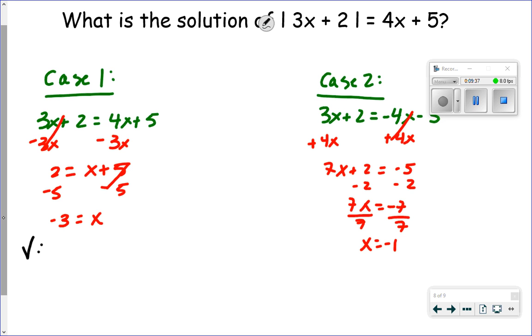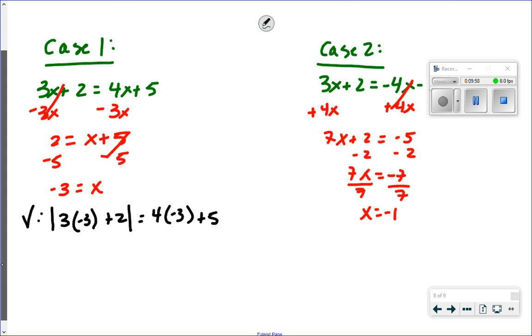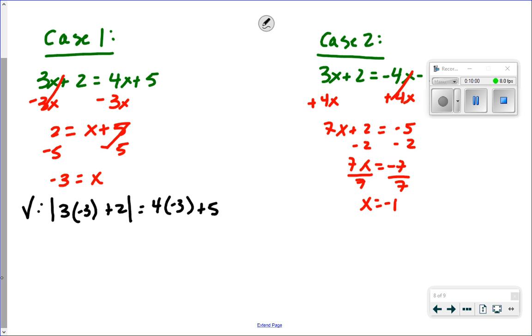So that means the absolute value bars are there, and all the signs are the same as they were when they first started. So I've got absolute value of 3 times negative 3 plus 2 equals 4 times negative 3 plus 5. So all I did was take the x's out and replace them with negative 3, which was my solution. Okay, now I have to just solve and see if the two sides equal each other.